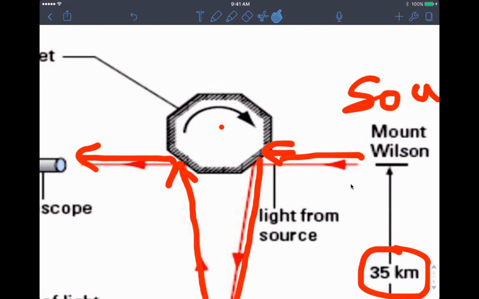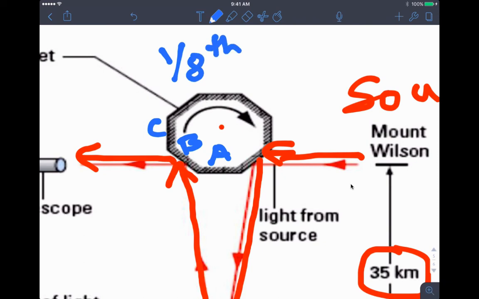If this was face A, and this was B, and this was C. So if those were the three faces, light would hit face A, and then while the light traveled, the mirror would rotate such that now A is here, B is here, and C is there. That's 1/8 of a rotation.